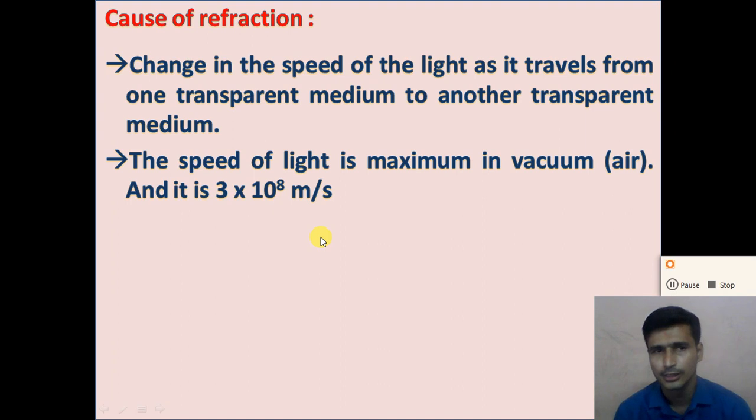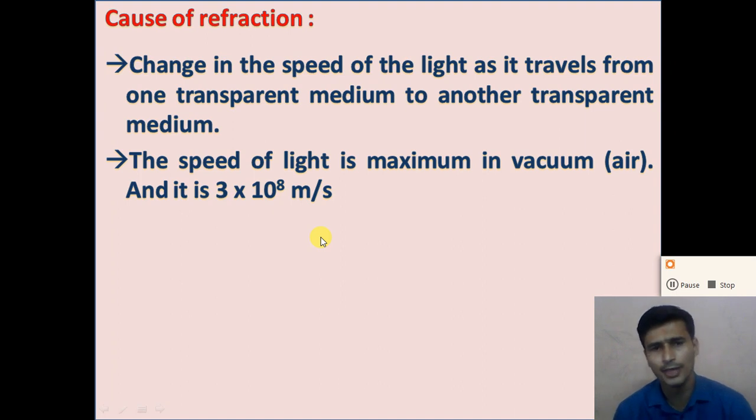Here, dear student, the speed of light is different in different media, and due to this difference in speed, refraction occurs when the ray of light passes from one transparent medium to another, because in both media the speed of light is different, right?